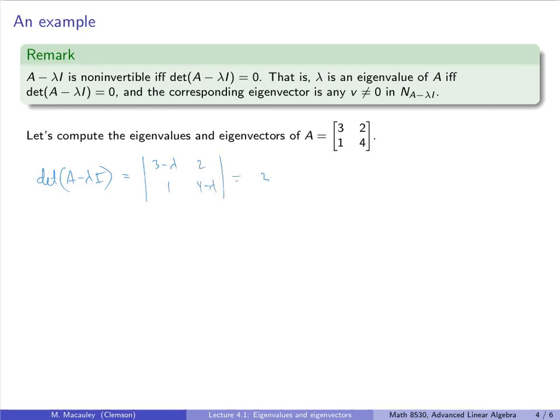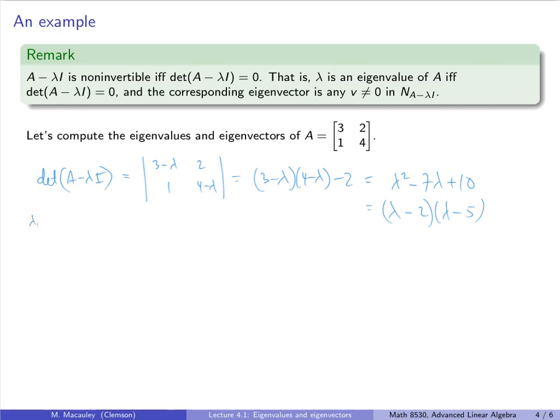So that is 3 minus lambda times 4 minus lambda minus 2. This is lambda squared minus 7 lambda plus 10. So this is lambda minus 2 times lambda minus 5. So we have the two eigenvalues, and now let's find the eigenvectors.